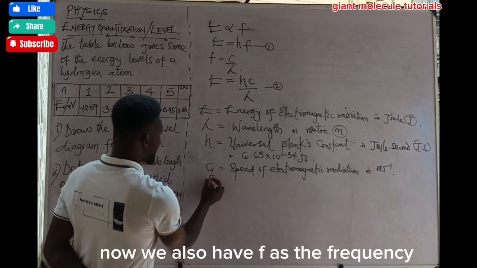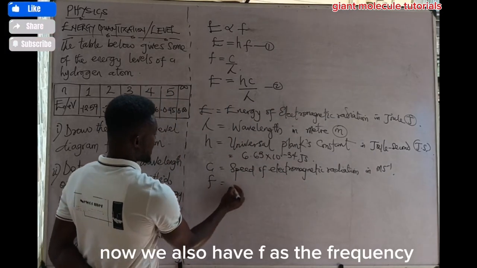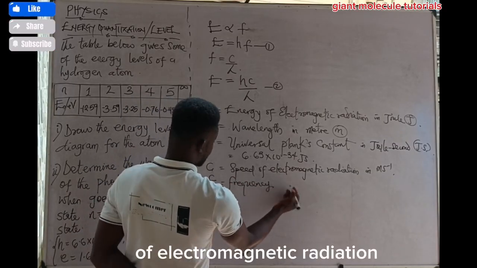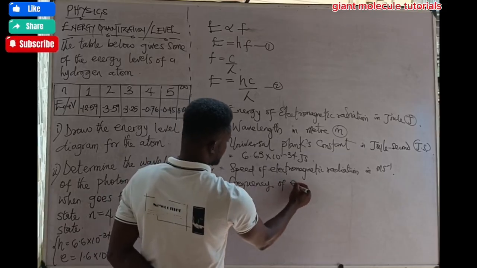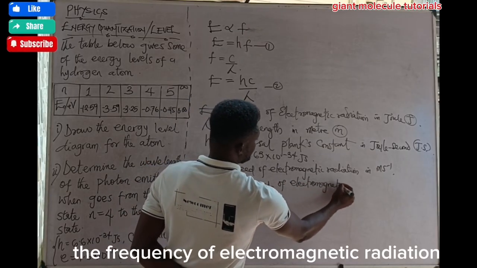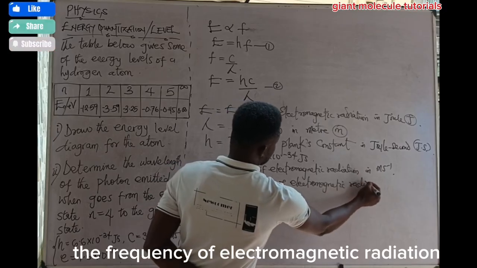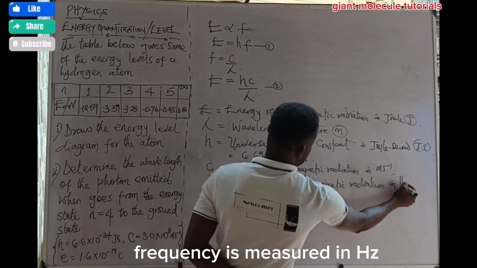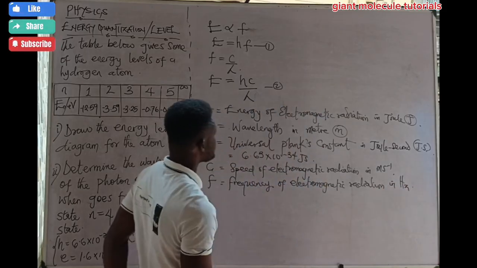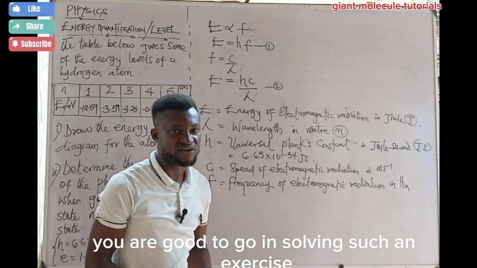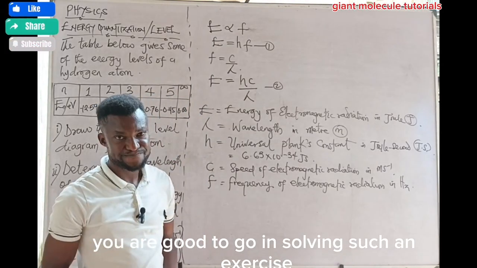Now, we also have f as the frequency of electromagnetic radiation. Frequency is measured in hertz. Now, with this formula, you are good to go in solving such an exercise.